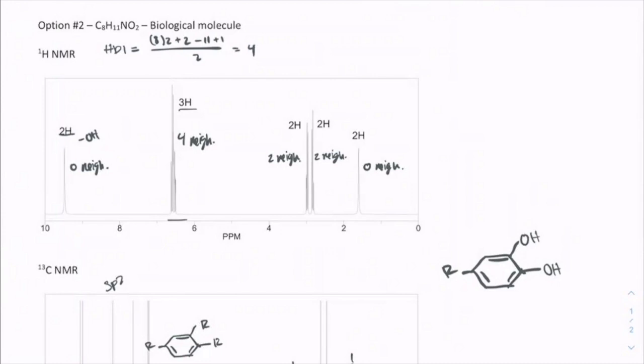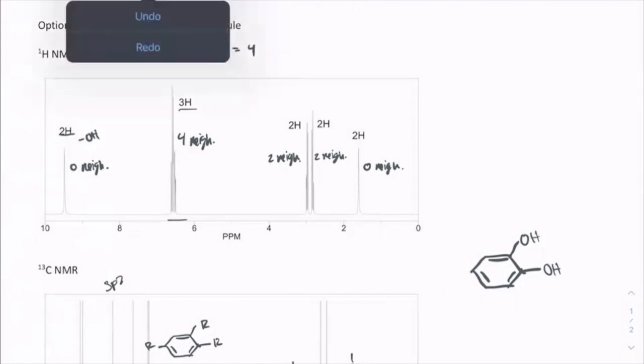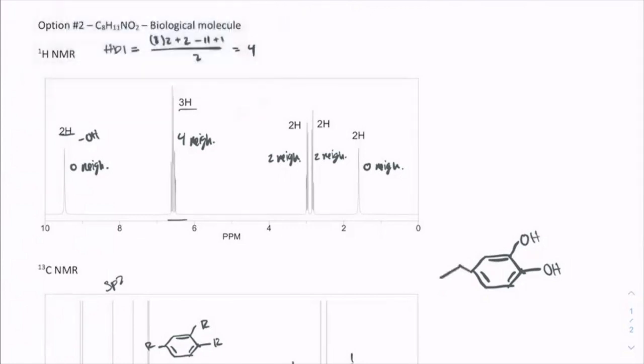Wait, since we have 4 neighbors, can't we do a couple lines of carbons and then the hydrogens are the neighbors? Does that make sense? Maybe another one. I don't think that's enough carbons. Well, the thing is that we only have 8 carbons. 1, 2, that's 6, 7, 8. Yeah, that's the most.